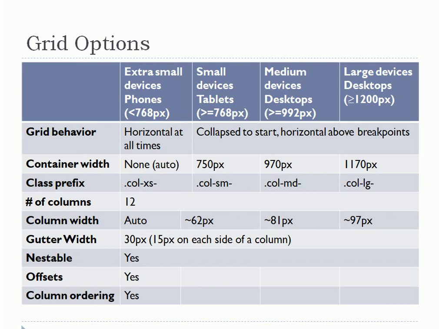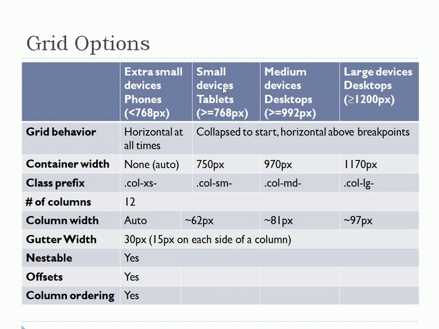Now these are the grid options, according to your devices. They are divided into 4 columns. If you look carefully, this column is for extra small devices like your mobile phones, with width less than 768 pixels.